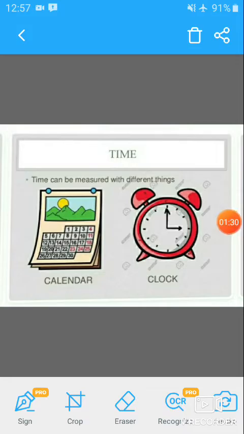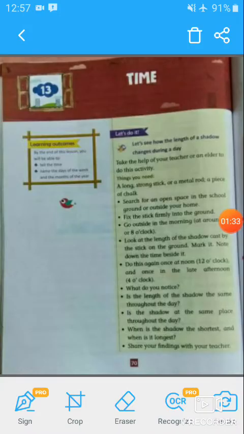Without wasting your time, take out your social study book and open page number 70, chapter 13, Time. Here a short activity is given.